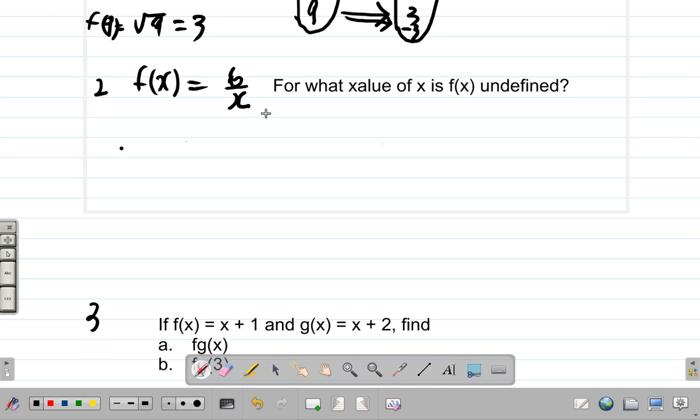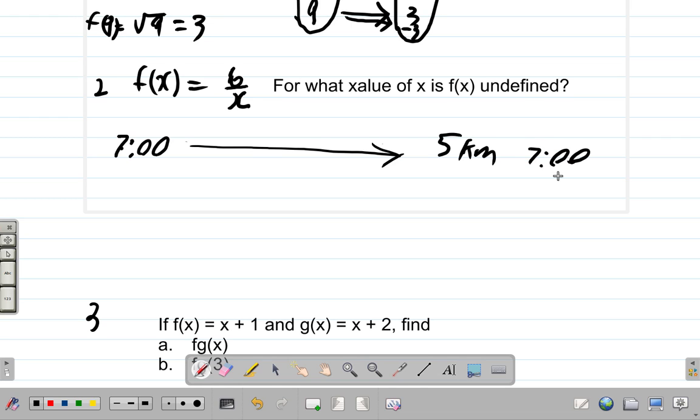In reality, it's like you're here at, let's say, 7 o'clock in the morning. You travel to another town that's 5 kilometers away, and you reach there at 7 o'clock in the morning, same day, same morning.